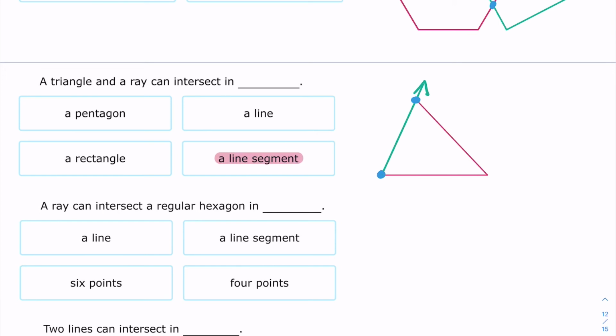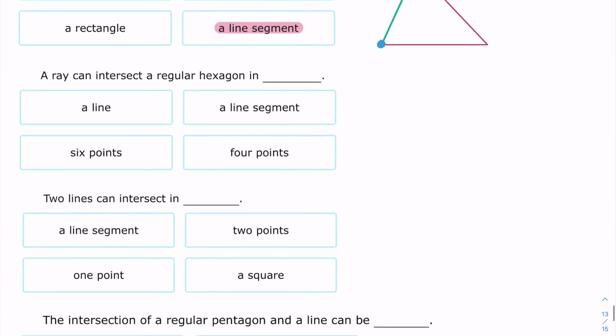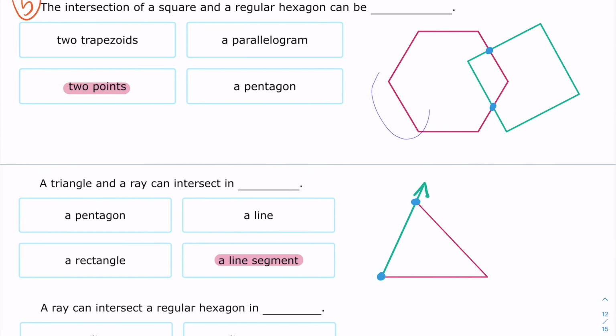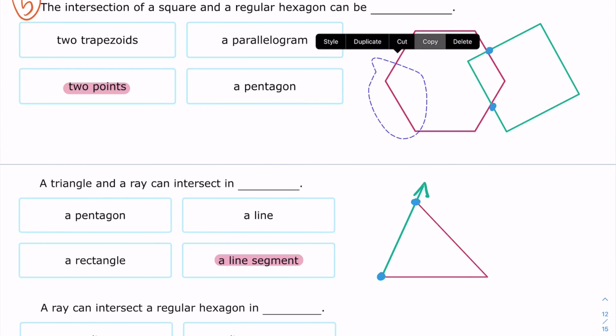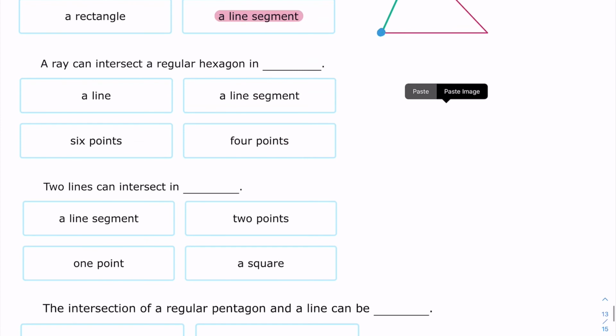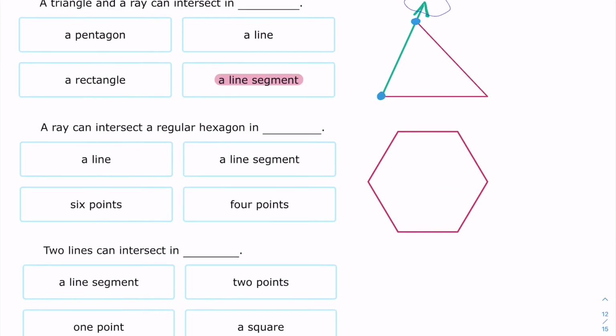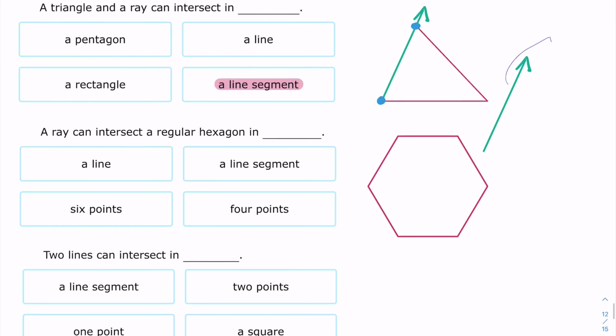All right, the next one. A ray can intersect a regular hexagon in, so here's my hexagon, and these will start to go faster now that I have most of my figures drawn. All right, so a ray can intersect at, again, we can't do a line because it doesn't go on forever in both directions. 6 points?